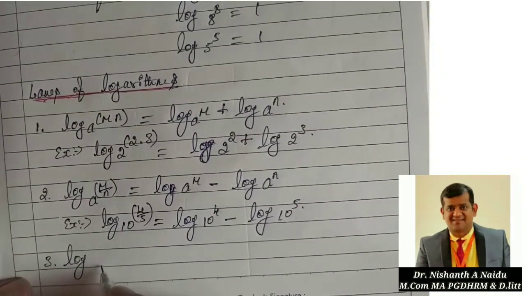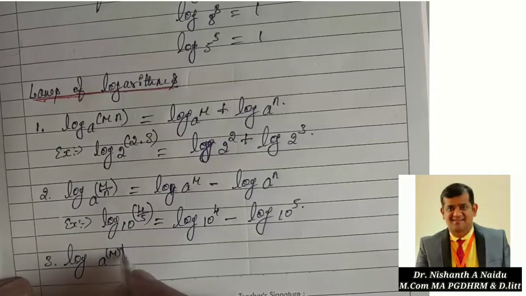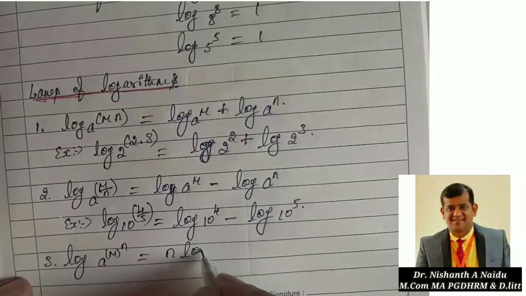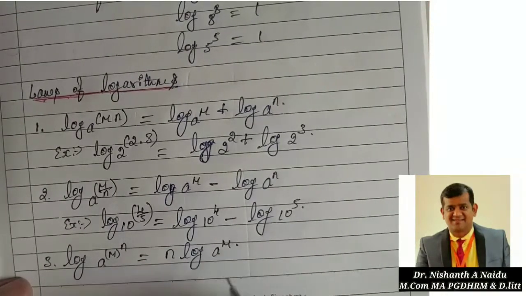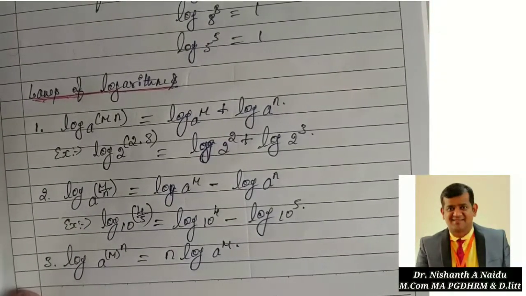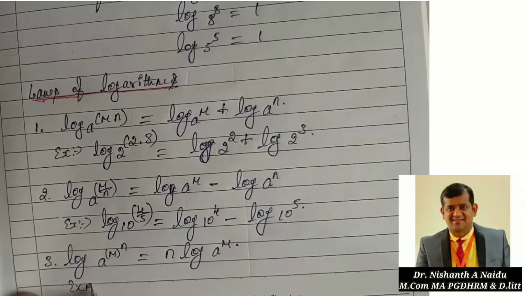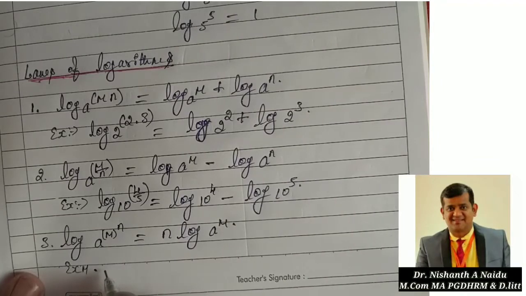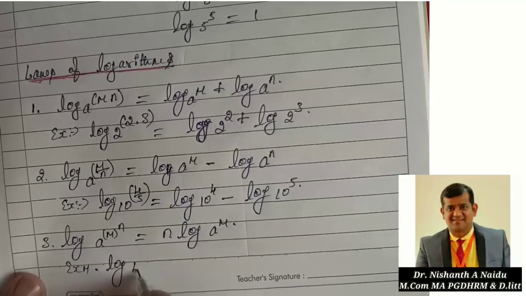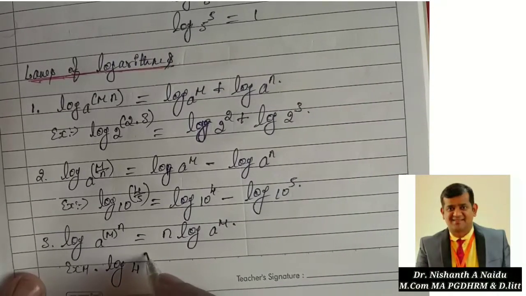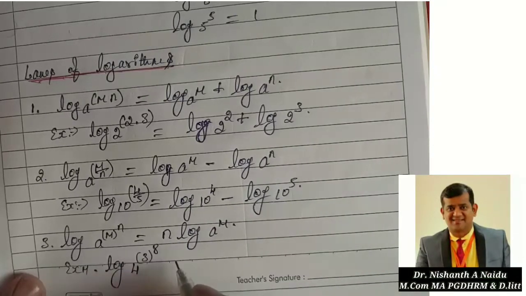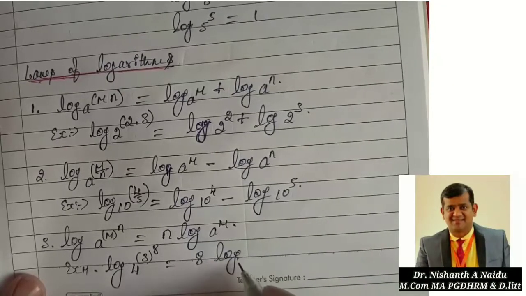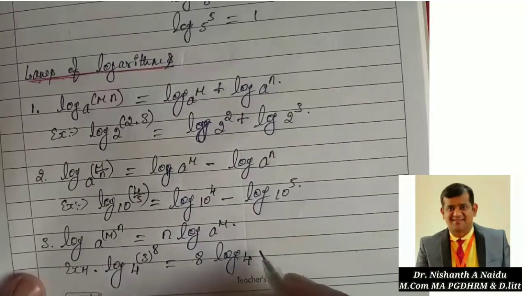Now I am going with the third one. Log a to the power m, whole power n, is equal to n log a to the power m. I'll give an example so that you will get clarity: log 4 to the power 3 to the power 8 is equal to 8 log 4 to the power 3.